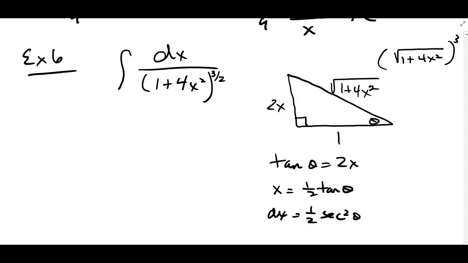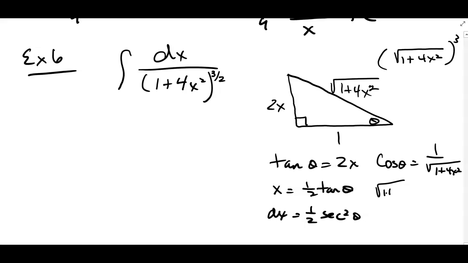For the other trig ratio, I need to use the 1 and the 1 over, so I'm using adjacent and hypotenuse. So I can go with cosine equals 1 over the radical 1 plus 4x squared. And I can move the radical over, and again, 1 over cosine is secant.